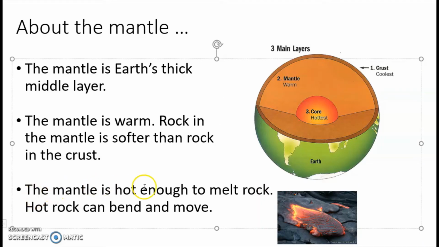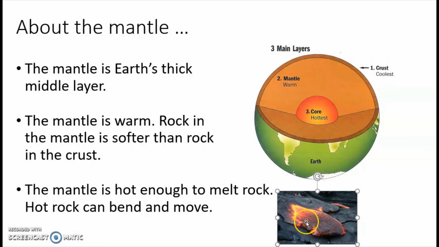The mantle is hot enough to melt rock. Hot rock can bend and move. Look at this. This is hot rock. It's probably something that came from a volcano. So the rock in the mantle can bend and move because it's hot and the rock melts.